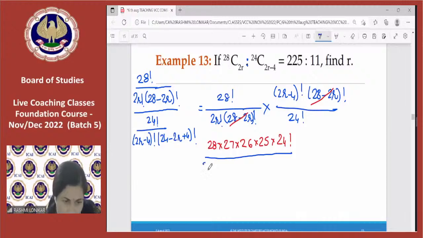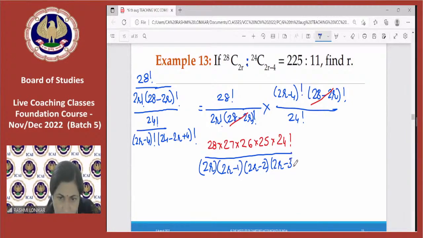So it will be 2r into 2r minus 1 into 2r minus 2 into 2r minus 3 into 2r minus 4 factorial.